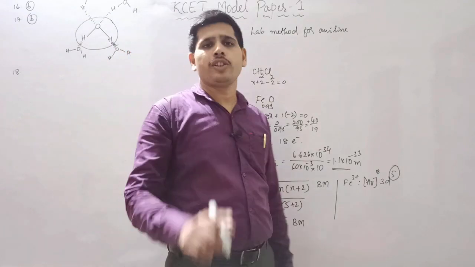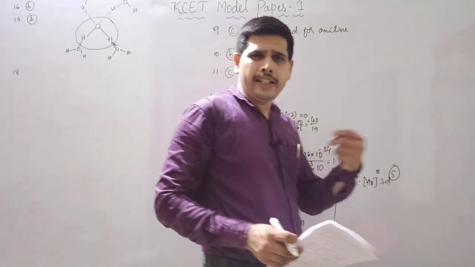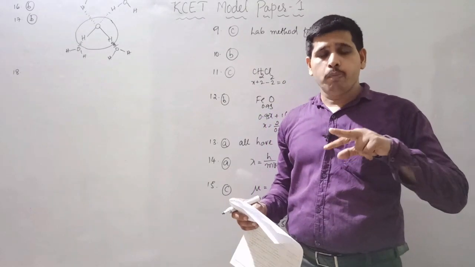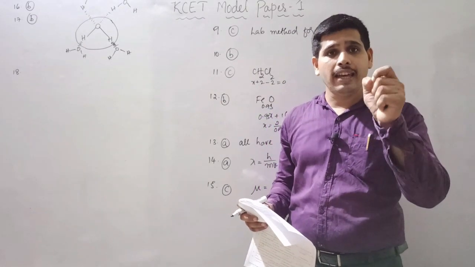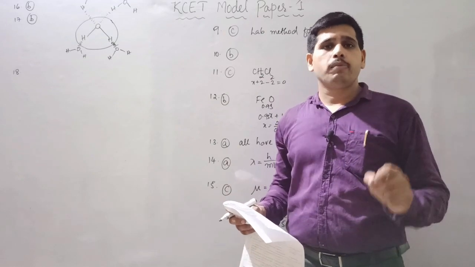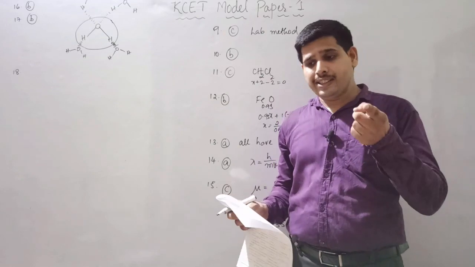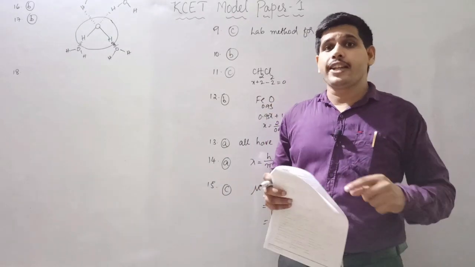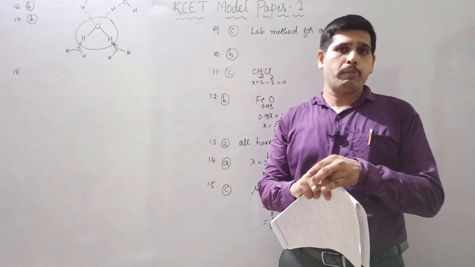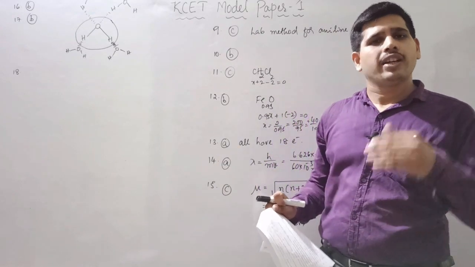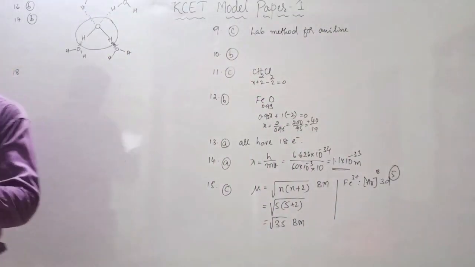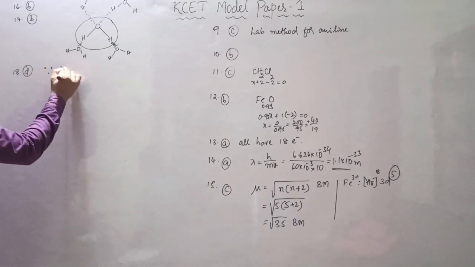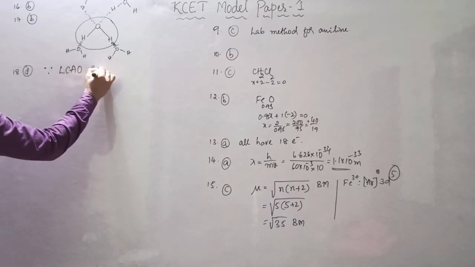Because in molecular orbital theory, you studied something called linear combination of atomic orbitals, LCAO rule, which says that the combining atomic orbitals should have the same symmetry. That is, an s orbital can overlap with another s orbital, px orbital can overlap with another px. There is no overlapping possible between px and py, because the extent of overlapping is very, very less. So thereby the option is D, no bond is formed. Option D, because you can write the LCAO rule.